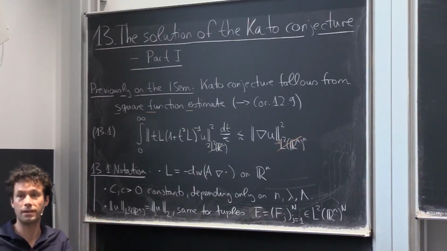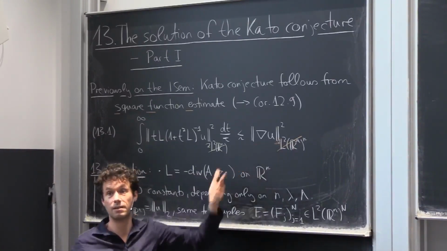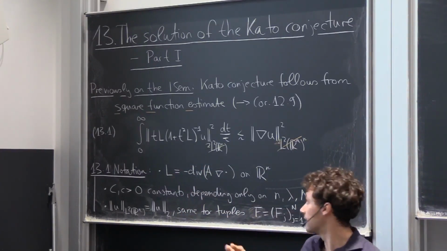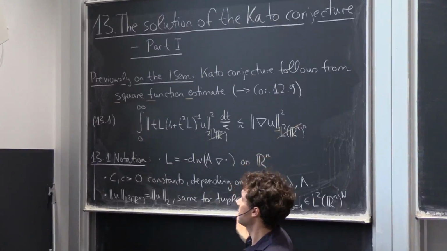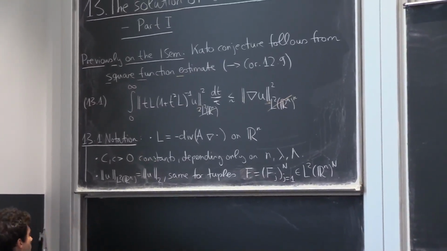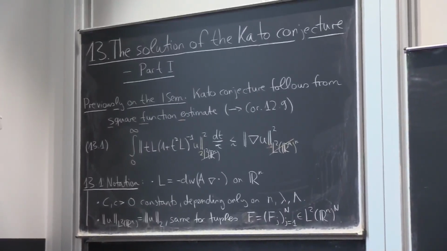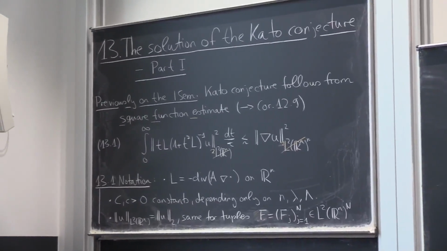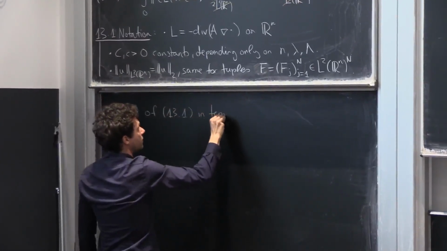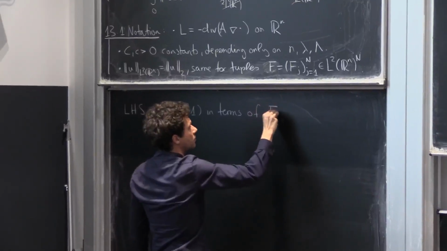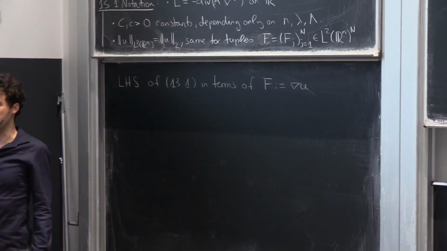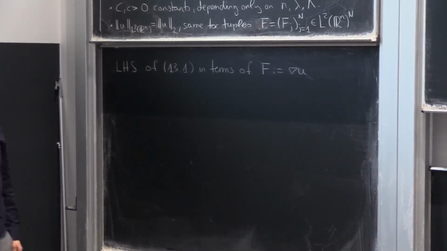It should be a linear operator acting on something, and you want to bound it by the function that the operator is acting on. So it would be much nicer, much more aesthetic, to actually write the left-hand side in 13.1 also in terms of the variable gradient of u. So I'm trying to write the left-hand side of 13.1 in terms of, so capital F, the gradient of u should be the variable in our estimate.